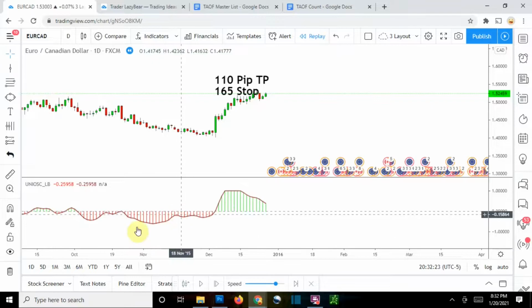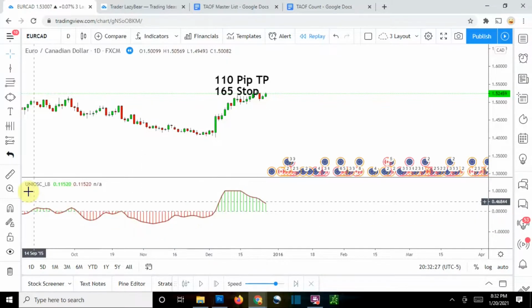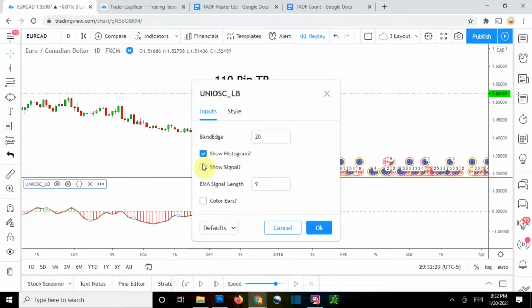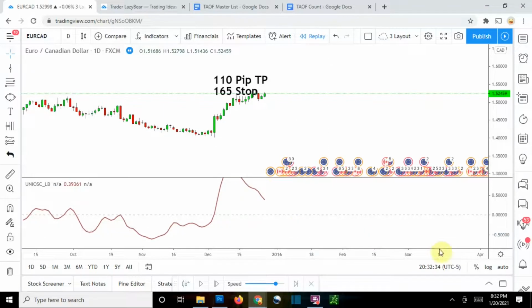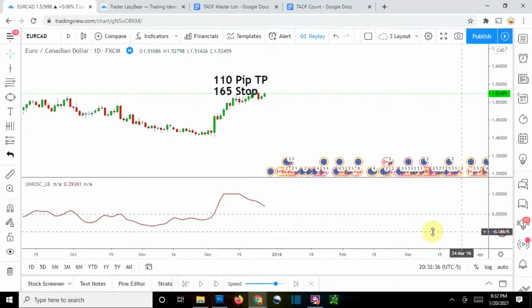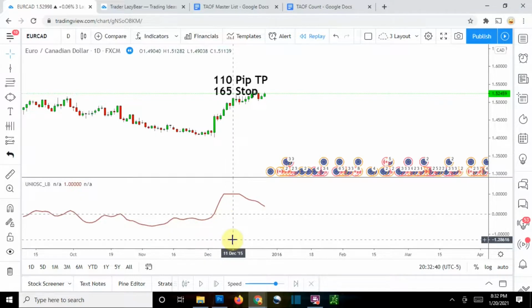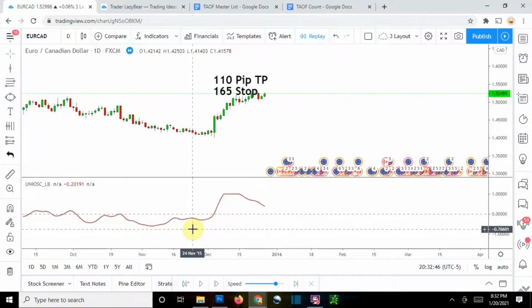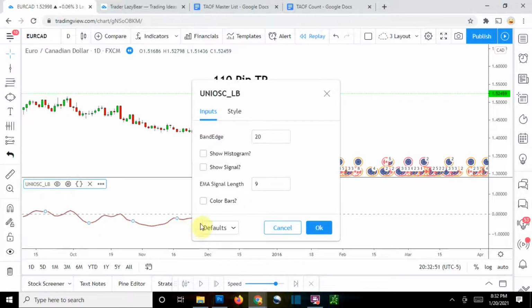I use that term loosely. It's not really a histogram version. I mean, it is, but you could turn the histogram off, and it would basically look like this. Basically just a single oscillating line that is crossing over and under the zero line. And that's how we're going to be testing it today, as a zero line indicator.